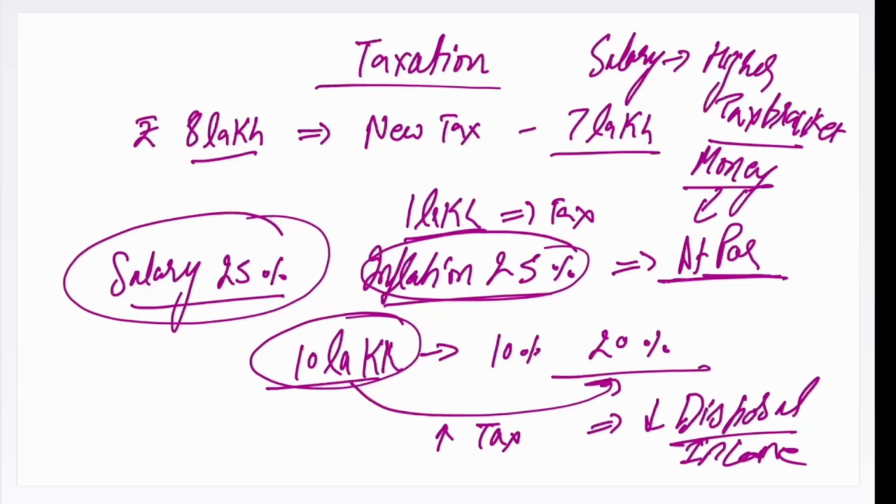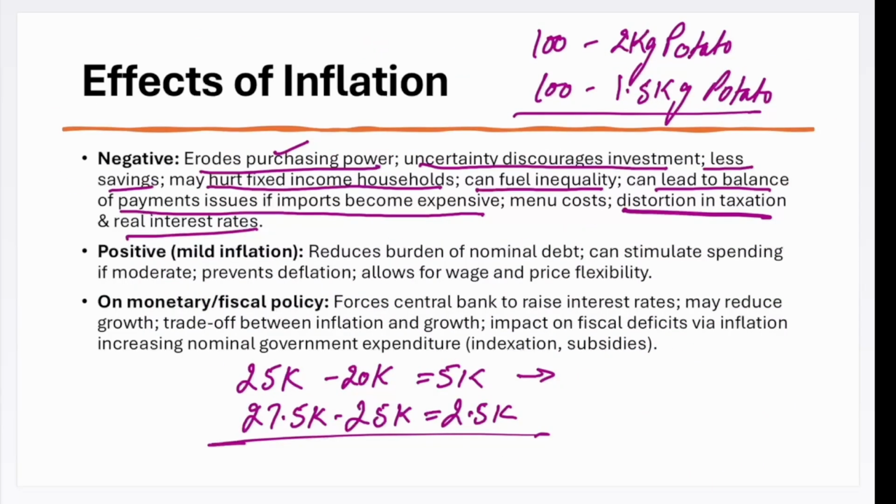In such a scenario you end up worse off despite the increase in salary, because taxation has led to it, and this increase in salary is attributable to the rise in prices, right? So this is basically how it impacts.